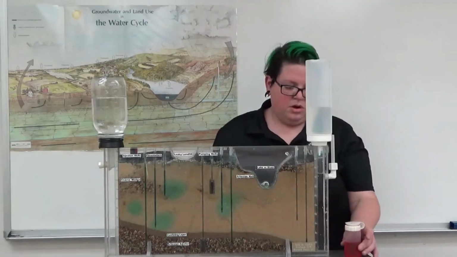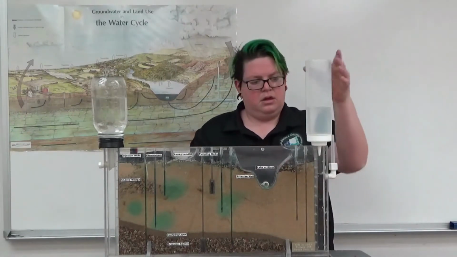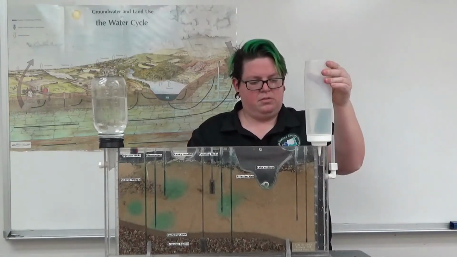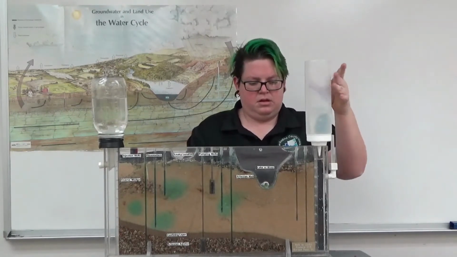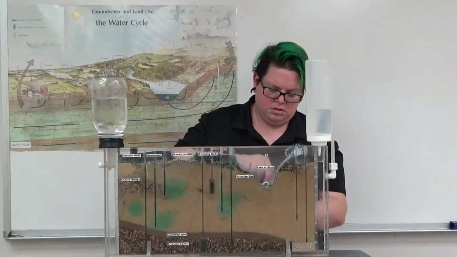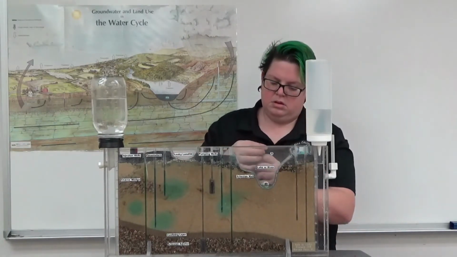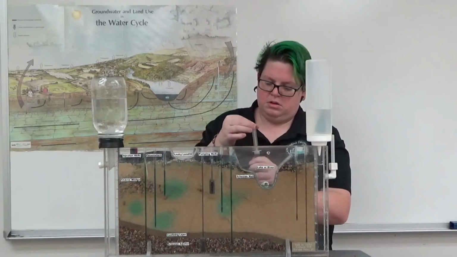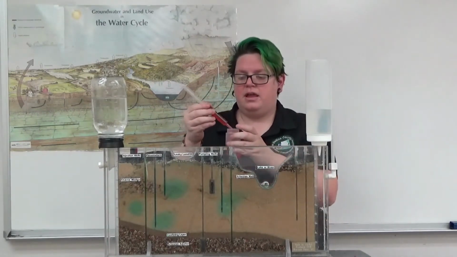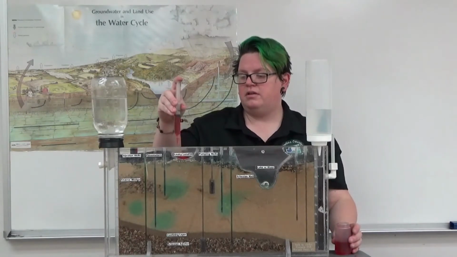Now, if we want to see how fast some pollution can move through the water, we're going to go with our red. I'm going to fill this back up a little bit. Okay. I'm filling up our red, and what I'm going to do is put this in our leaky landfill.